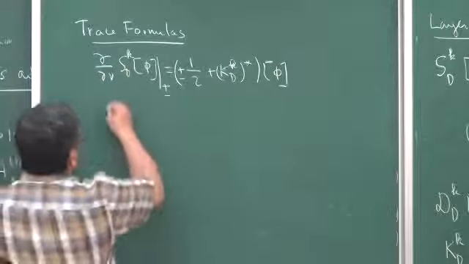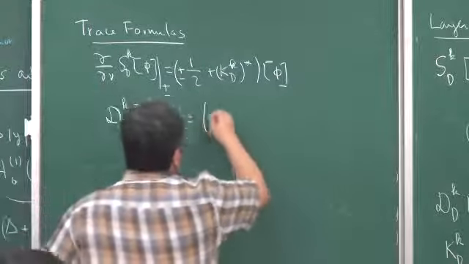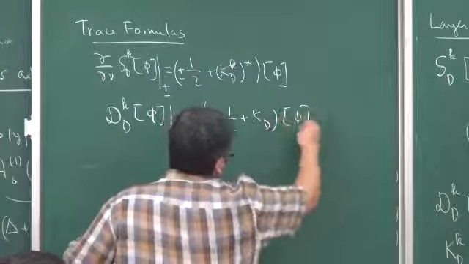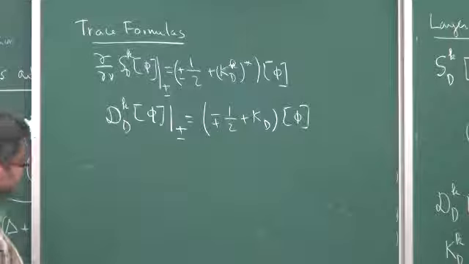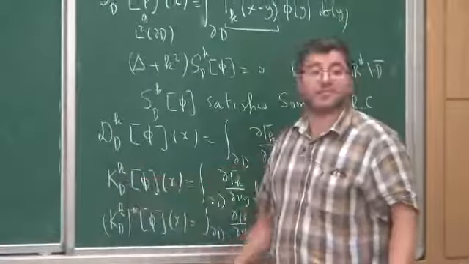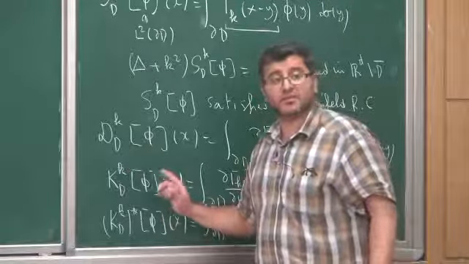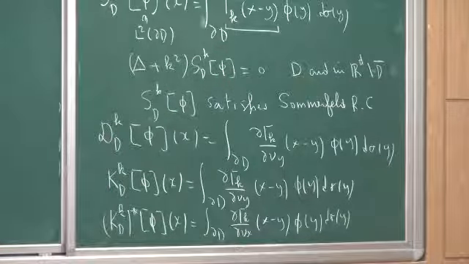The double layer potential has a jump: plus minus is equal to minus plus 1/2 plus K_D^k of phi. K_D^k star is not the L2 adjoint of K_D^k because it is complex. It is the L2 adjoint of K_D^minus k. This is just a small detail. So we have exactly the same trace formula because the singularity is the same.